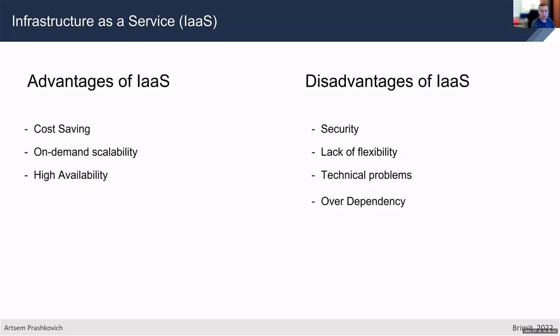Now we can compare all the options that we just looked at from an advantages and disadvantages point of view. First we will start with infrastructure as a service, and the first advantage of IaaS, probably not the main one, is cost saving, because organizations don't need to worry about maintaining hardware and network equipment, and we don't need to ensure uptime and replace old equipment.